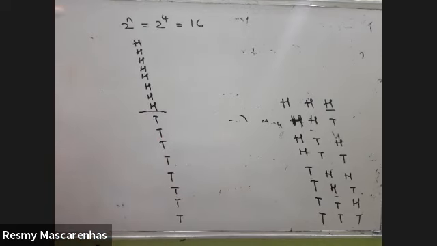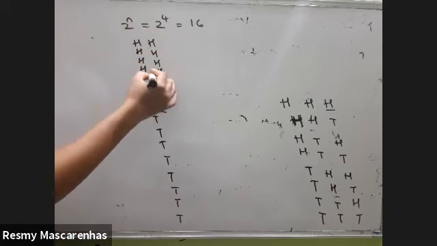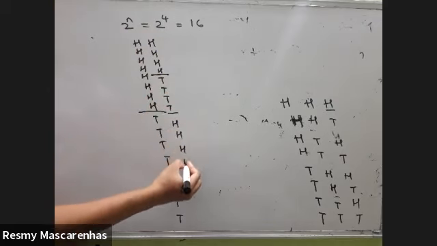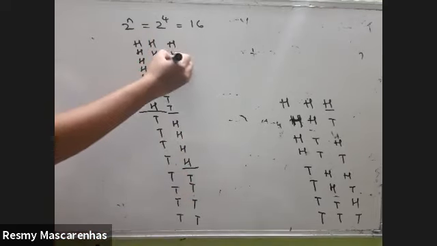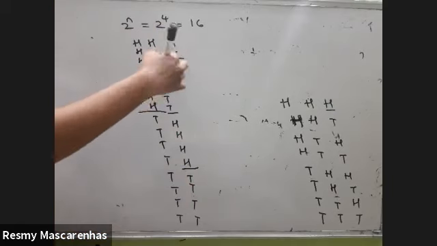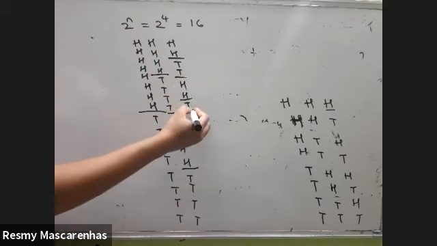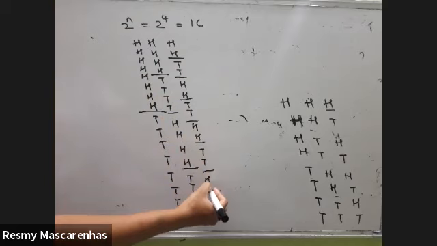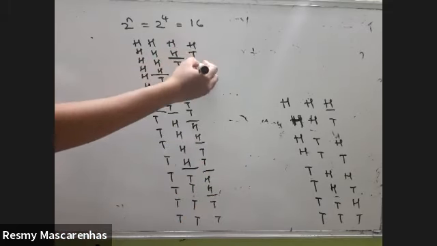Then 4 each. 4 heads, 4 tails. 4 heads, 4 tails. Then 2 heads. After 4, you have to just go on making half. 2 tails. And last, single.